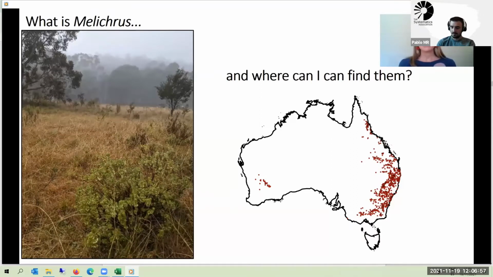The eastern and western groups of Melichrus have been shown to be sister groups through molecular analysis. And my revision is focused on the eastern Melichrus, as that is where the majority of taxonomic questions are. I've included the western taxa in some analyses, but for the purpose of this presentation, I will be talking exclusively about the eastern Melichrus.